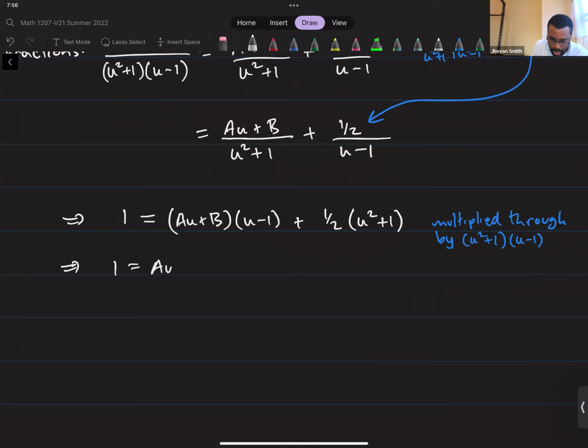So this would be Au squared minus Au plus Bu minus B plus 1/2 u squared plus 1/2. So I'm going to group the u squareds. So that's a plus 1/2 u squared.